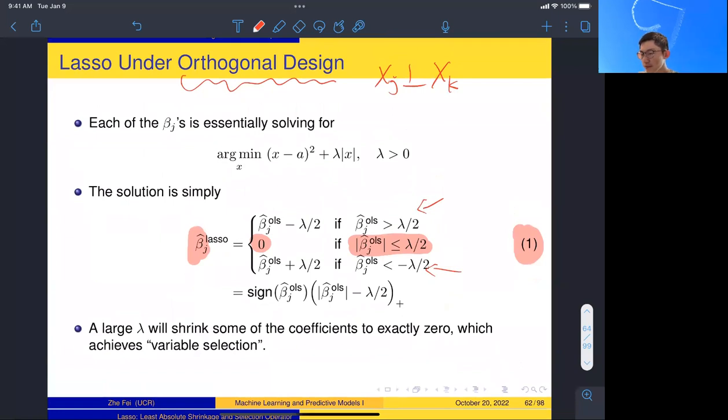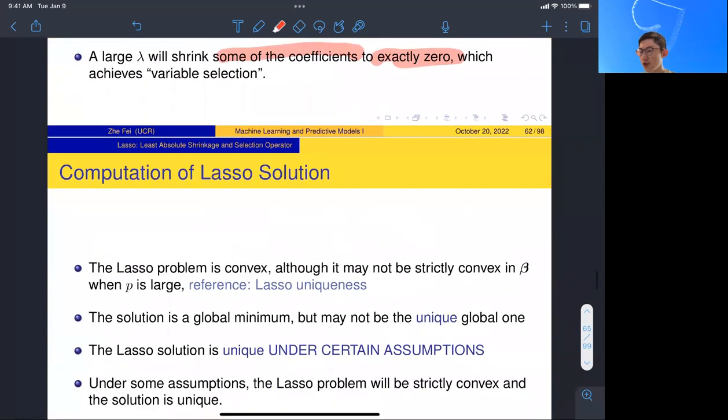So the conclusion here is that with a certain lambda value, we would have some of the coefficients shrunk to exactly 0, which achieves variable selection. So that's the lasso solution.